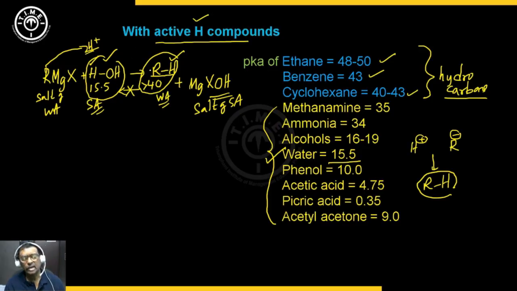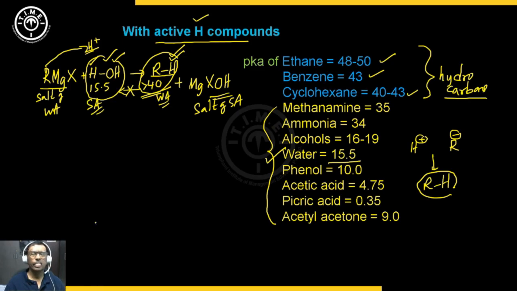So the reaction is running in the forward direction, which means that whenever you have a hydrocarbon and any of the active hydrogen compounds, we find that the hydrocarbon is less acidic because the pKa value is so high, right, that it is easily formed when an active hydrogen compound is treated with RMgX. So not only HOH, also alcohol.